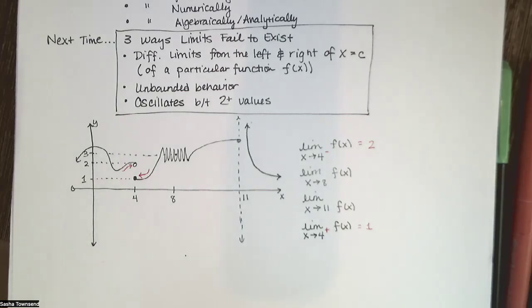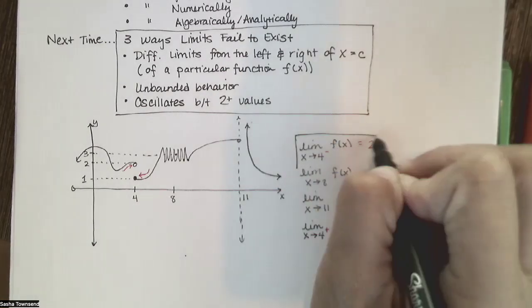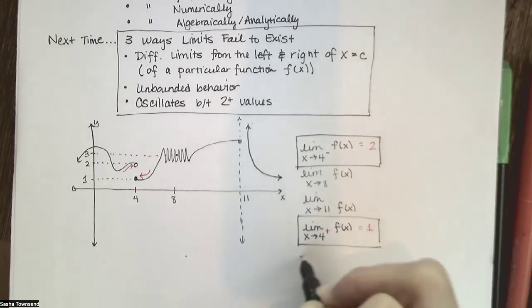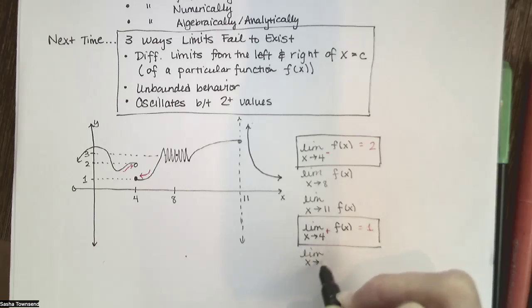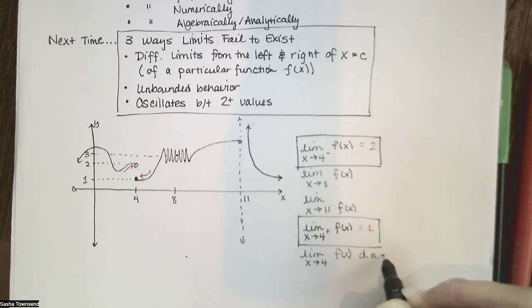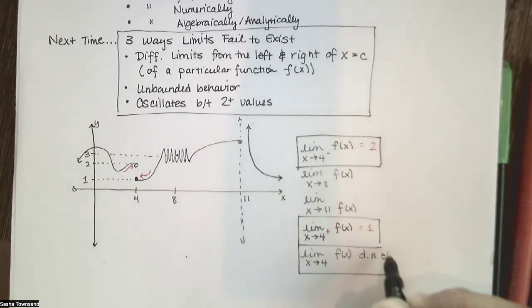If the limits are different from each other, then that limit fails to exist. So in general, we would have this limit from the left is 2, this limit from the right is 1, and the limit as x approaches 4 in general is just a limit that does not exist. So we'd write DNE, does not exist.